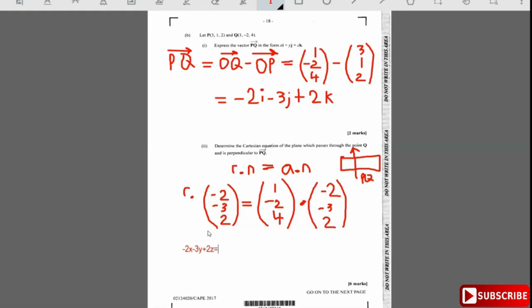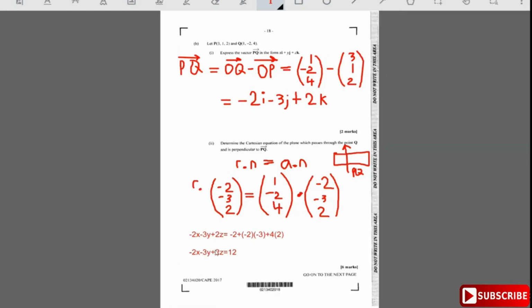That's equal to 1 times minus 2, which is minus 2, plus minus 2 times minus 3, plus 4 times 2. That's 12. Nice and easy.